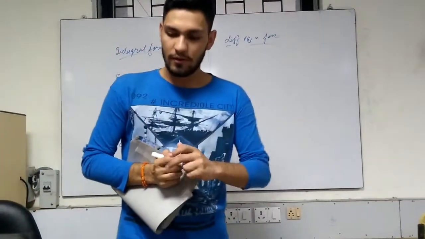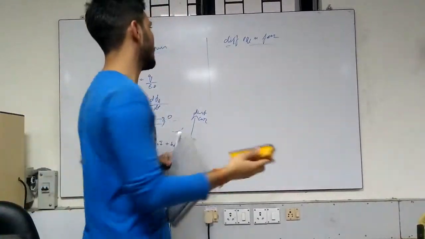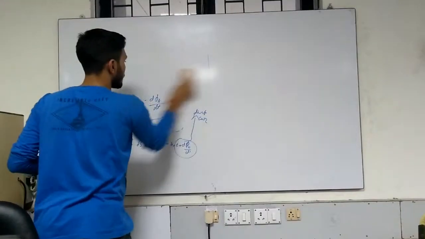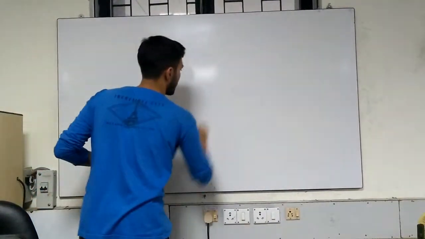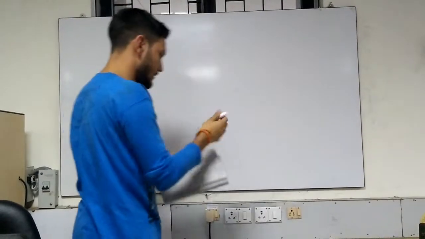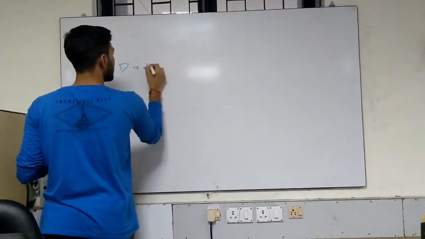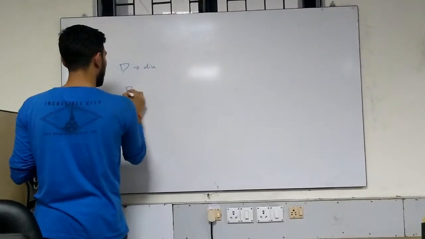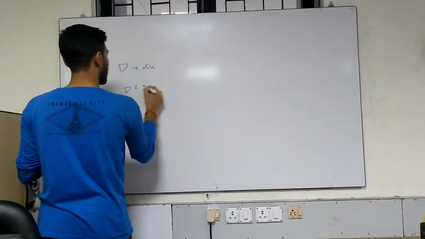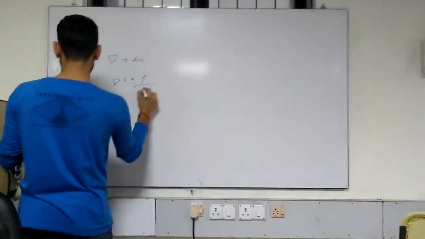We won't use them, but we will use the differential equation form of these equations to prove our stuff. Let's go on to the differential equations. Differential equations are written with del, which is known as the divergence. So del dot E is equal to rho by epsilon naught.